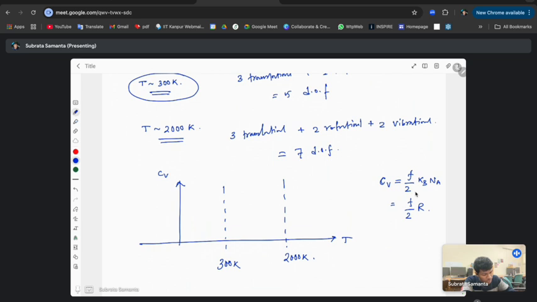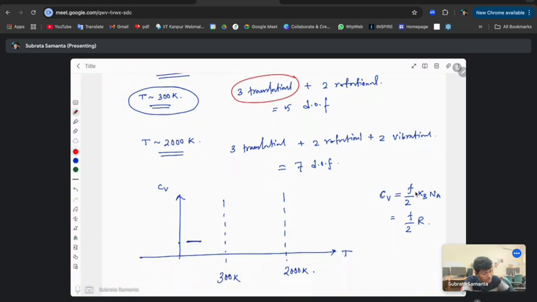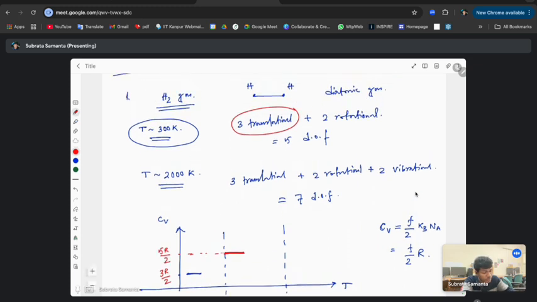So at very low temperatures we have only translational modes, the rotational modes are not active. So in this case your degrees of freedom are only translational, so 3R by 2. If you increase the temperature to around 300 Kelvin, the rotational modes are active, so this is 5R by 2, with 5 degrees of freedom.